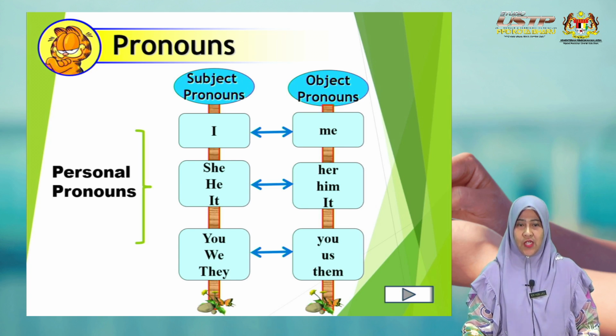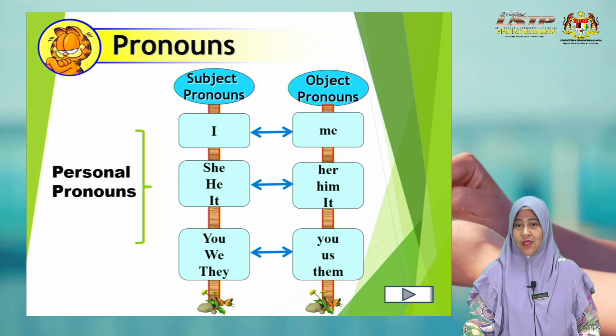I, she, he, it, you, we, they are subject pronouns. Me, her, him, it, you, us, them are object pronouns.